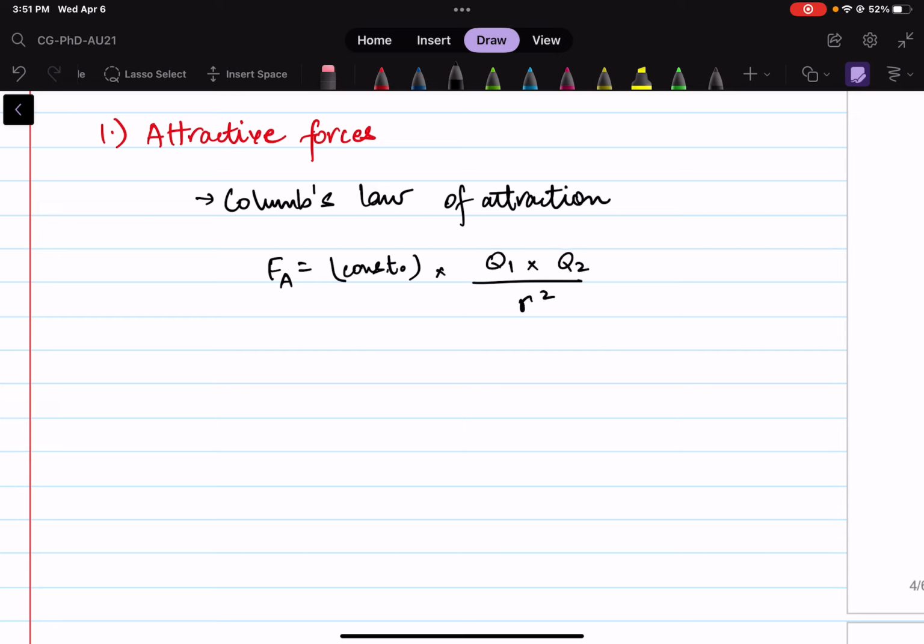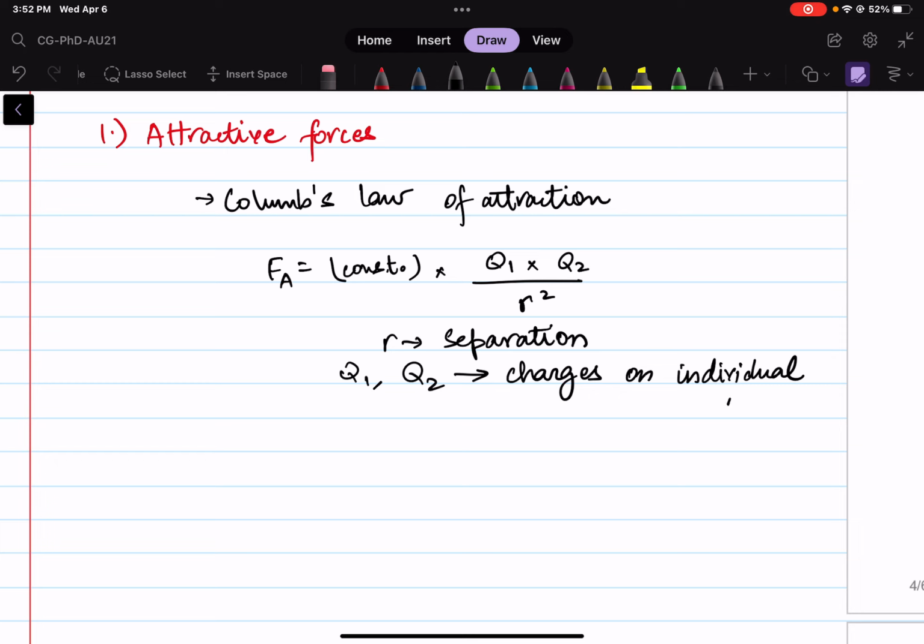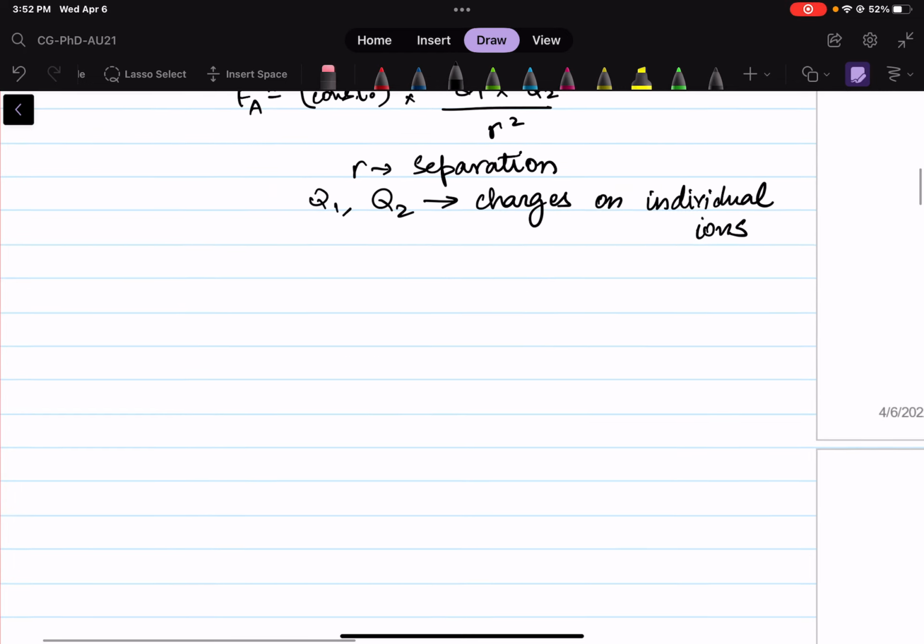And again, remember here r is the separation and Q1, Q2 are the charges on the individual ions. And that constant can vary depending on what units you are writing. So let's just call it K for now.